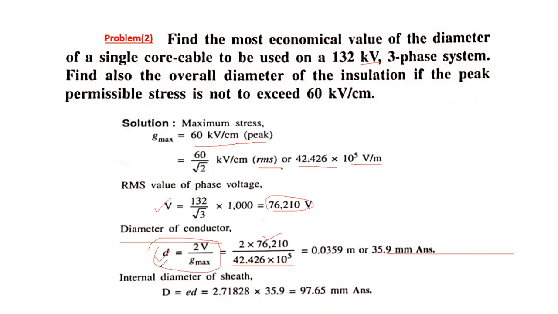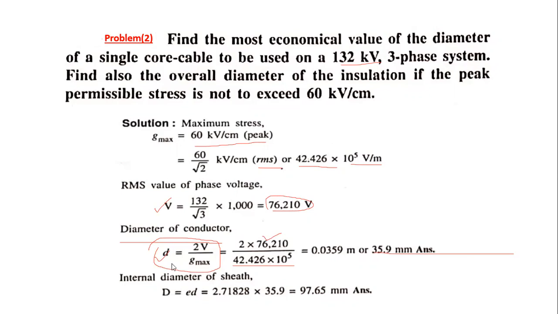Next we calculate the internal diameter of the sheath, that is D. Therefore D is equal to e into d, where e is a fixed value, that is 2.71828, into d.